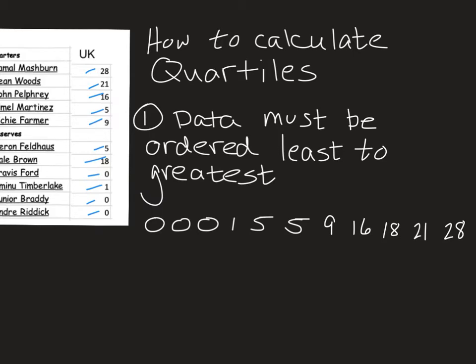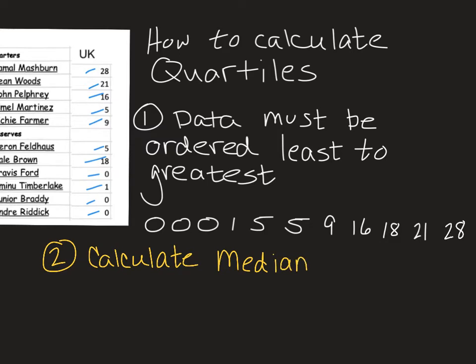The next step is that we need to calculate the median of the data set. So we recall from previous lessons that the median for a set of data is what is right there, the middle number.